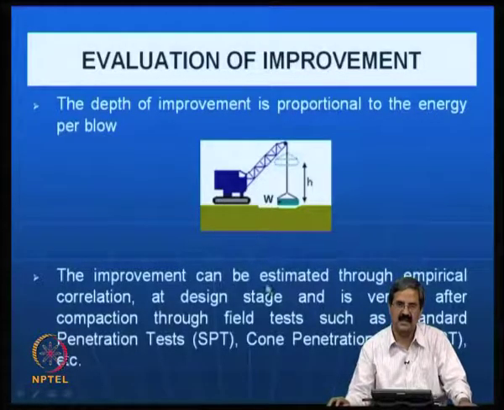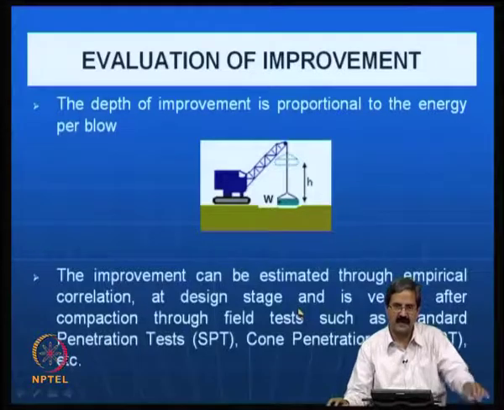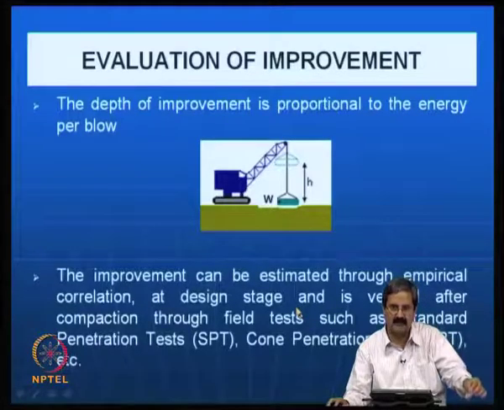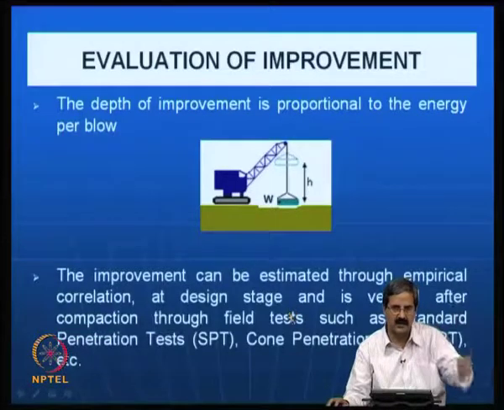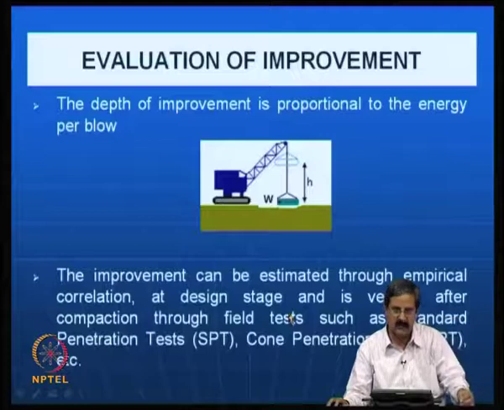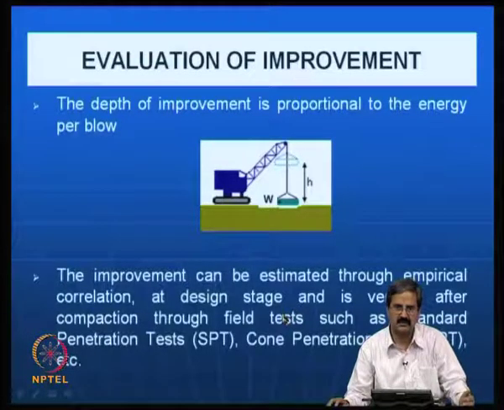The best way, as geotechnical engineers, is that before construction we take SPT values with depth. So, for example, if 20 meters is the depth of improvement required, you take SPT values or cone penetration values up to 20 meters, then measure them after improvement.